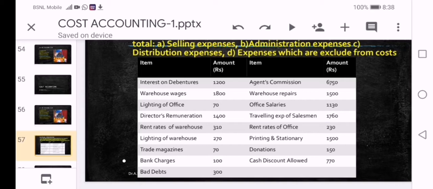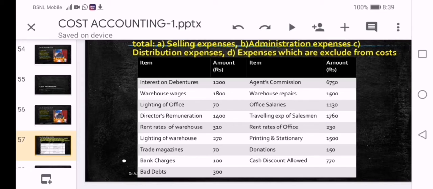By reading every item, you will be able to easily identify whether it is selling expenses or distribution expenses or administrative expenses. If the expenses are not falling under selling, distribution and administrative expenses, no doubt they are falling under financial expenses.